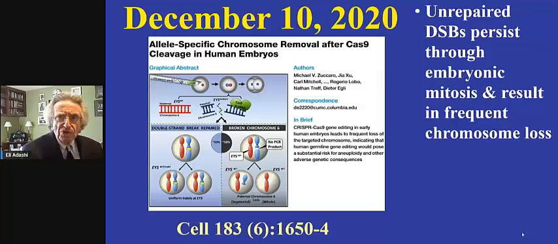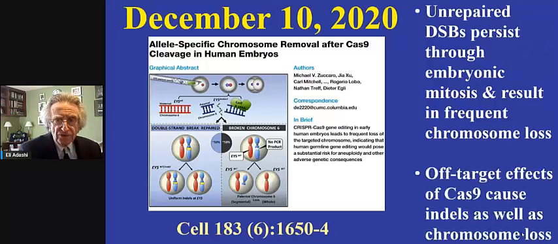The main conclusions were that unrepaired double-strand breaks persist through mitosis and result in frequent chromosome loss, actual chromosome loss, and that off-target effects of Cas9 cause indel as well as chromosome loss.